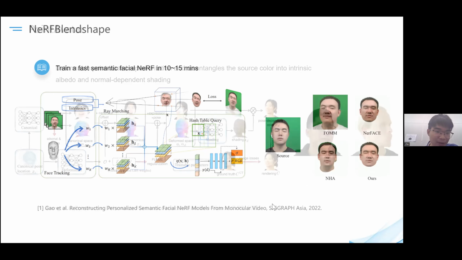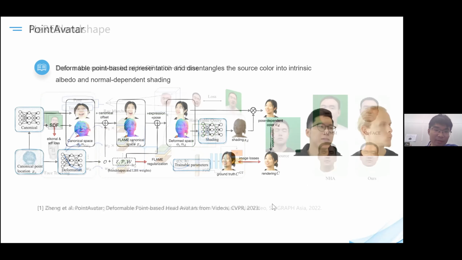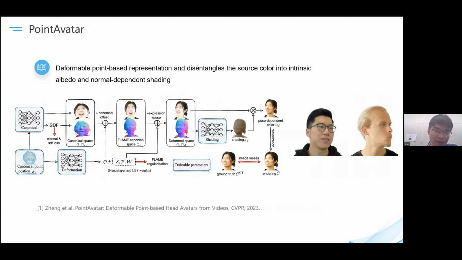And also, for example, in this work, which is point avatar, they further introduce 3D geometry information like normals, because with normals you can process lighting in a better way.